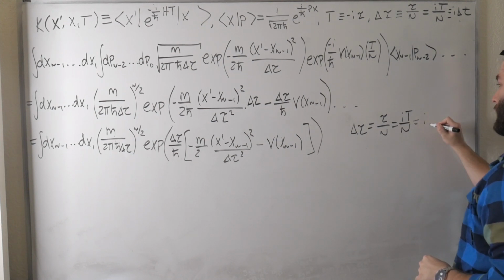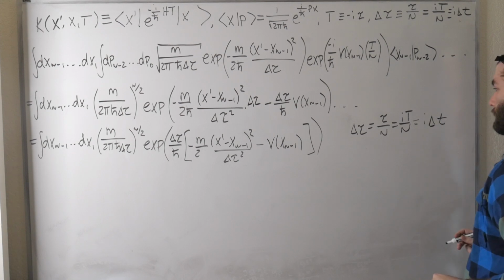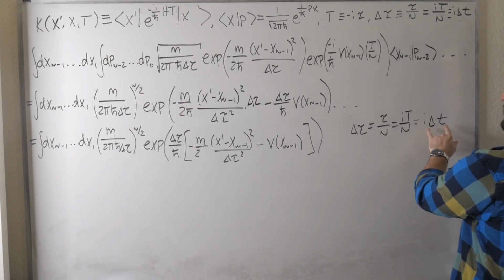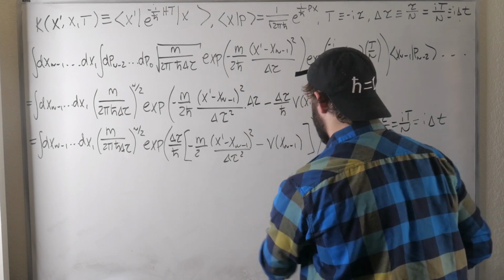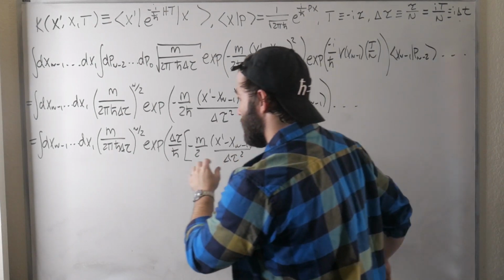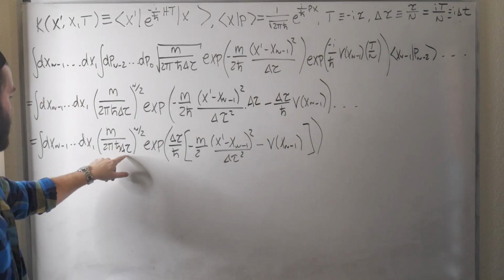So this is just i times delta t. So I'm going to substitute this into my delta tau squared, and also into this guy here.